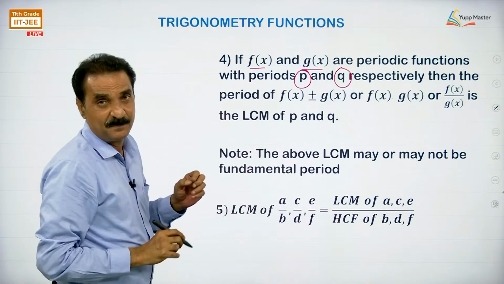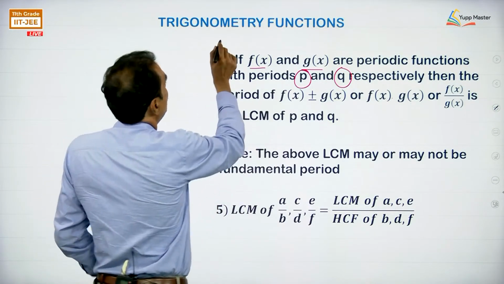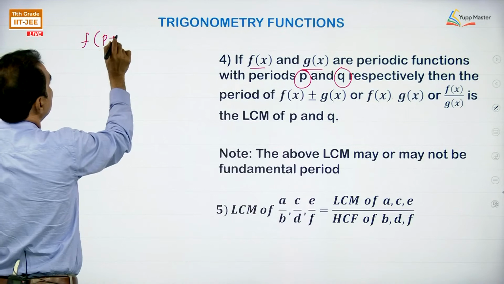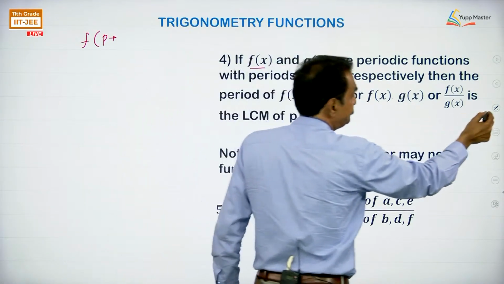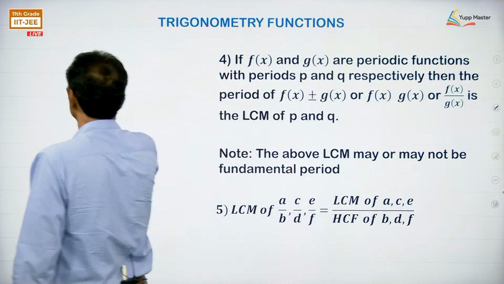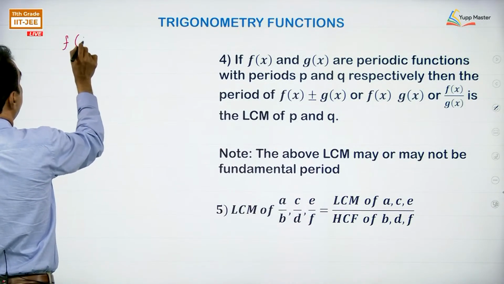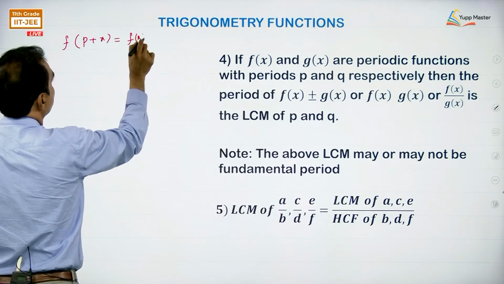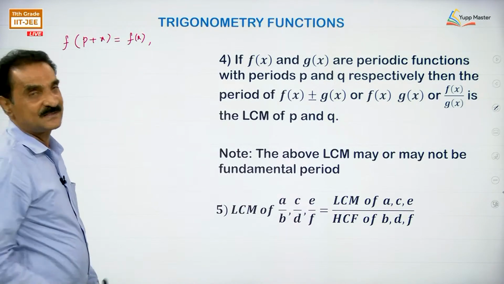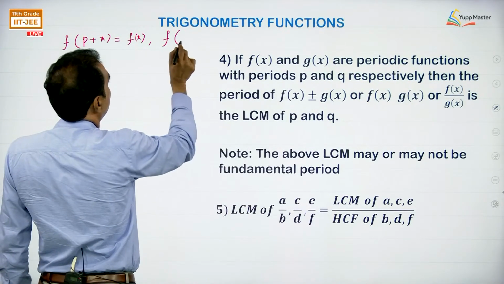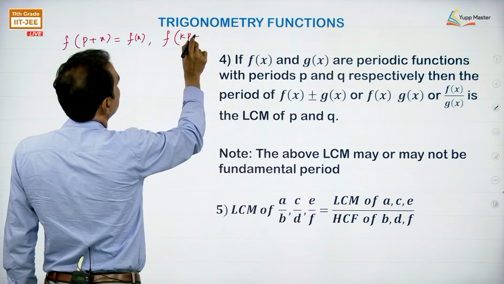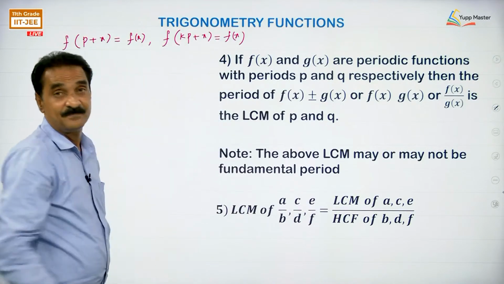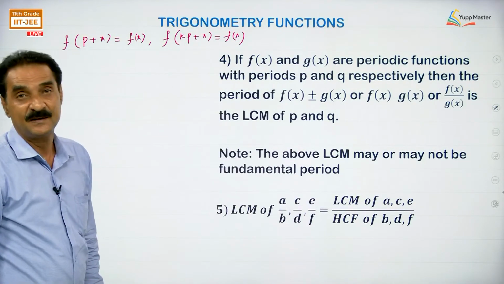Period of f(x) is p, period of g(x) is q. So, I have f(p + x) = f(x). Not only f(p + x), I can write f(kp + x) = f(x), where k is any integer, positive or negative.